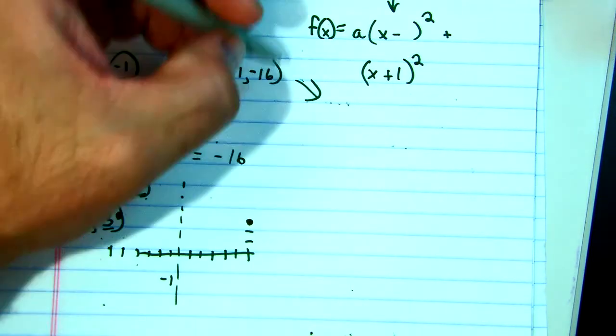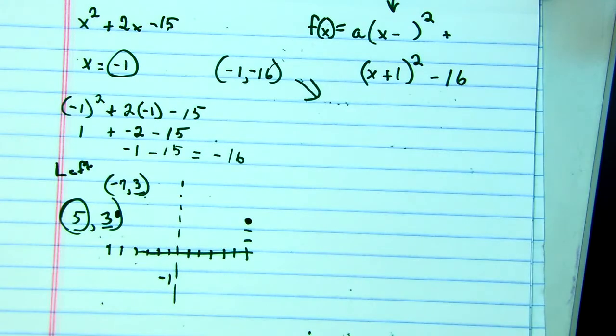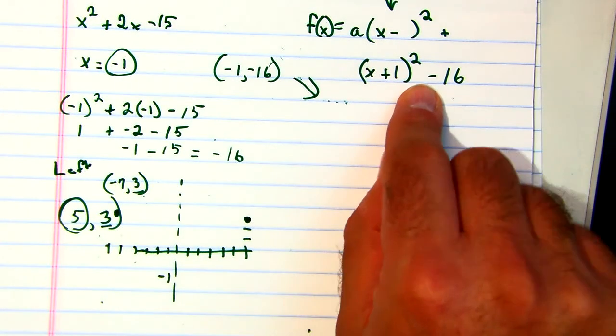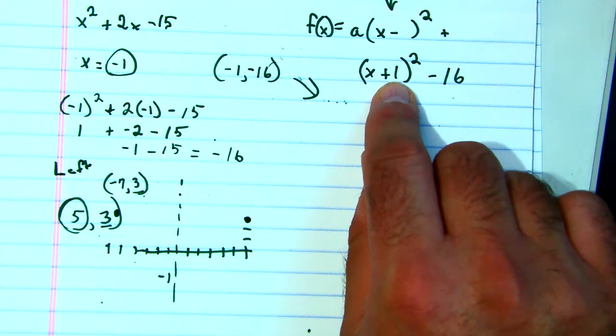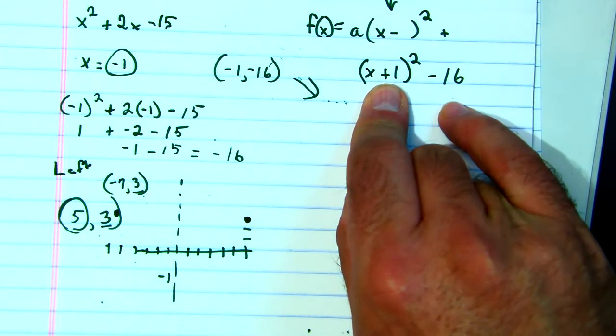But the y term stays the same. Now this form is called vertex form because this is the coordinates of the vertex. This one's opposite of what you see. This is exactly what you see.